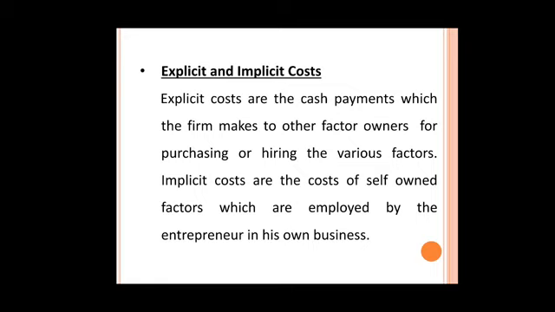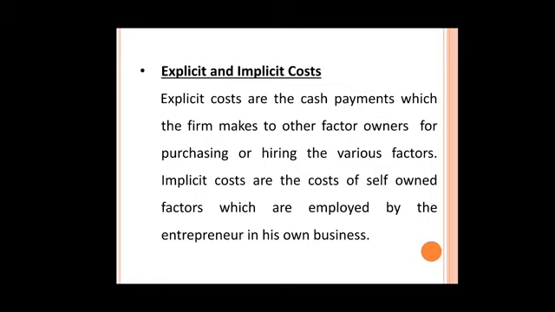Rather, they are costs of using resources or factors already owned by the producer himself. They are equal to what these resources or factors could earn in the next best alternative use. For example, a businessman utilizes his service in his own business, leaving his job as a manager in some other company.